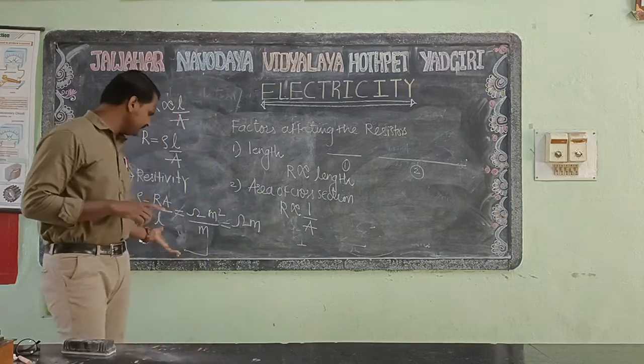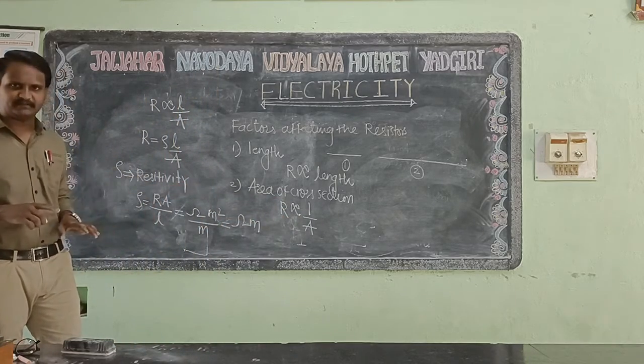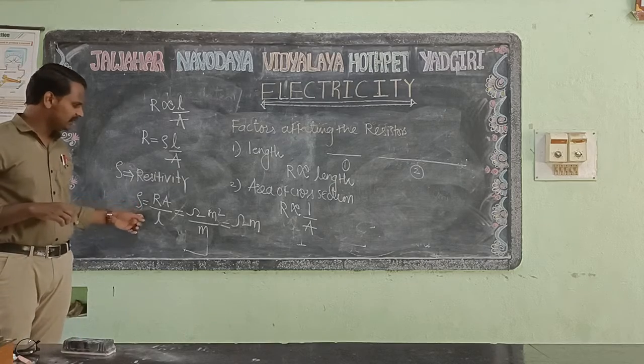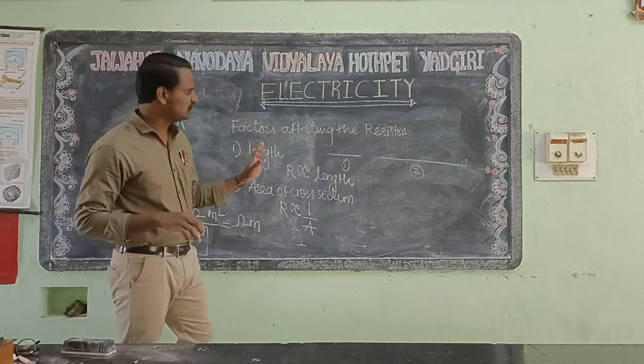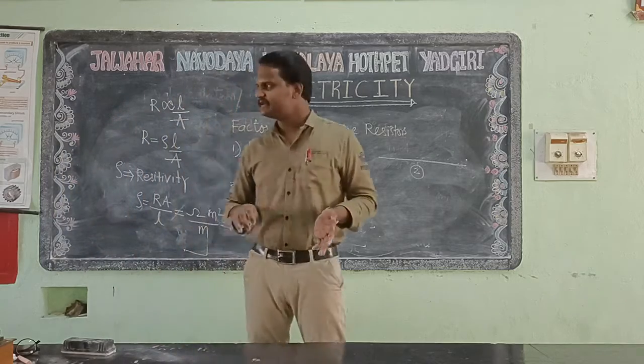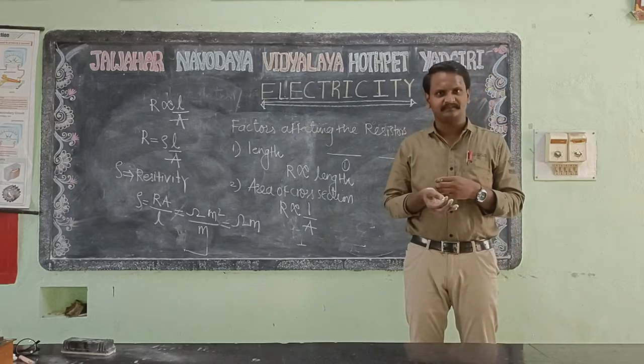Resistivity is the property of the material which defines how much resistance is applied, and resistance is what we measure to know how much resistance is given.